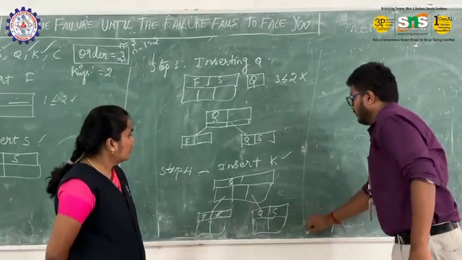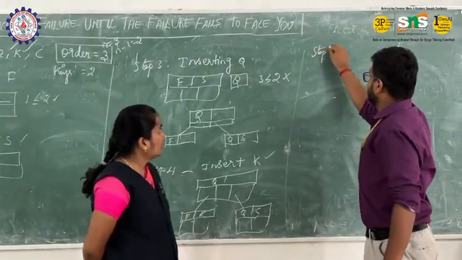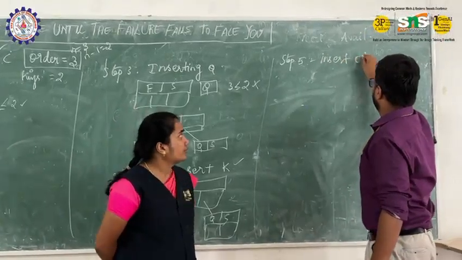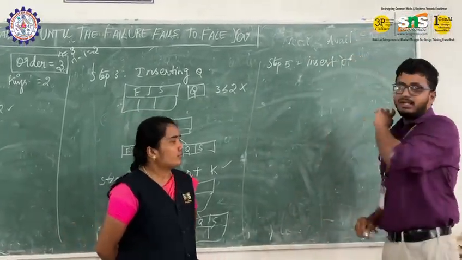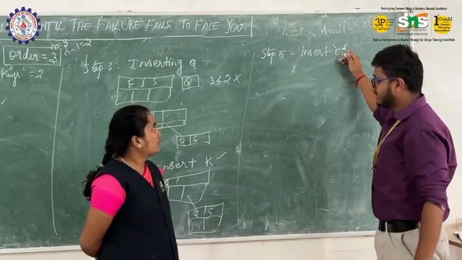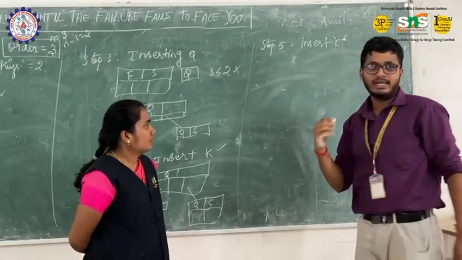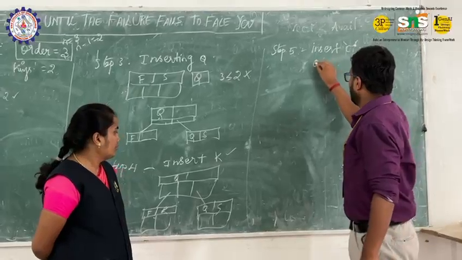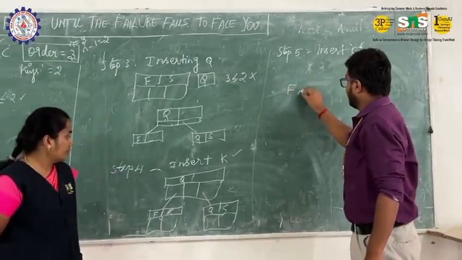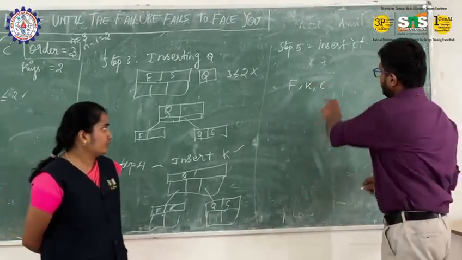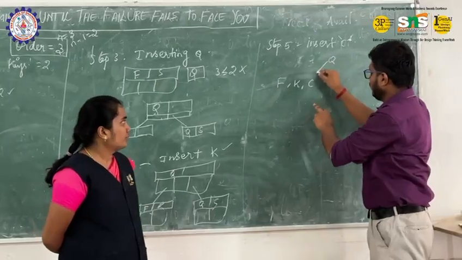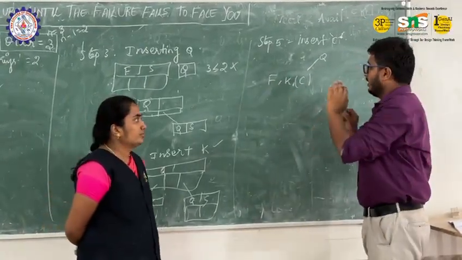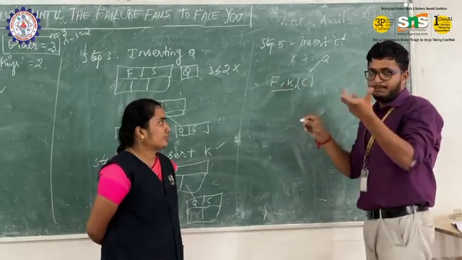Next, we are inserting the element C. When inserting C, again we face a violation. It violates the order property because of F, K, C. C is also less than the element Q, and we can place only two elements in our space.